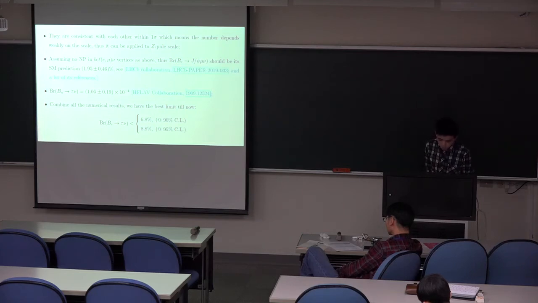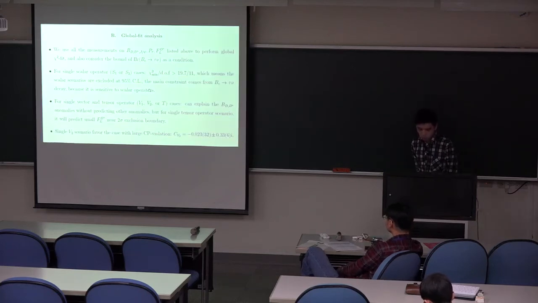So combine all these numerical results, we have the best estimation of this limit till now. It is about 6.8% at 90% confidence level, or 8.8% at 95% confidence level.